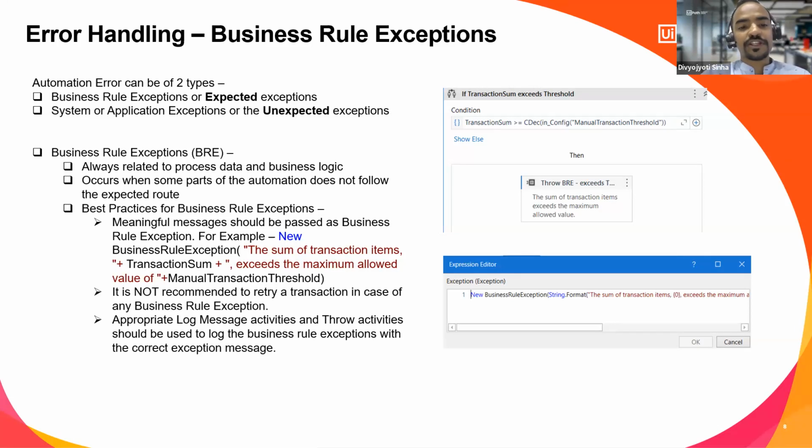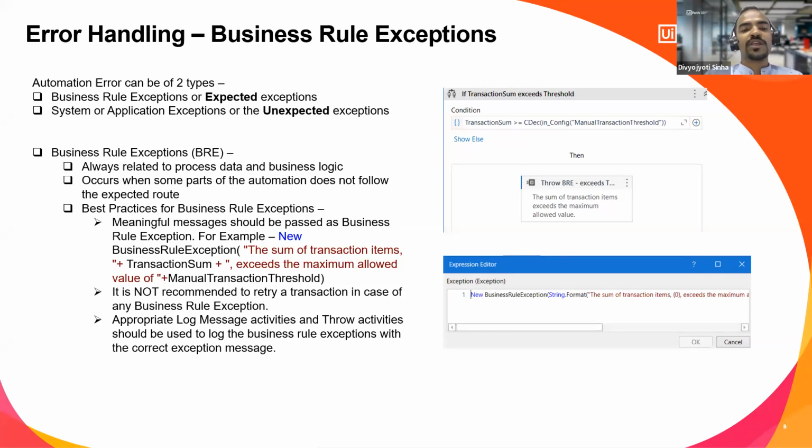And again, for business rule exception, we don't recommend retrying a particular transaction, and you should always throw those error messages using throw activities and use appropriate log messages in those sequences where these kinds of errors are captured, because that way it will be easier to understand.